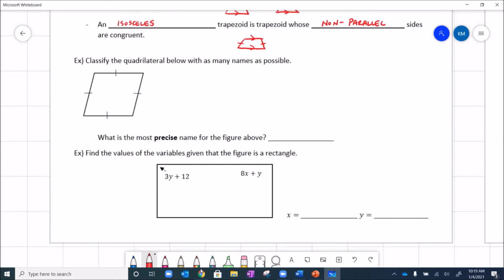A couple examples. It says, classify the quadrilateral below with as many names as possible. Okay, and so as many names as possible, there are 4 sides. And so you'd say, okay, well, since there are 4 sides, we could call this a quadrilateral. There are 4 congruent sides, and so I can call that a rhombus.